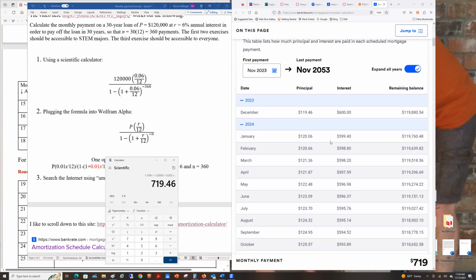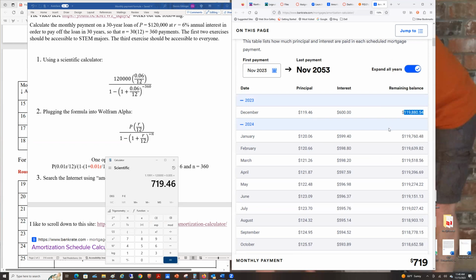Then if you do this consistently, every month you will owe a little bit less money. So instead of owing $120,000 after your first payment, you owe only $119,880.54, which is what you get when you subtract $119.46 from your $120,000.